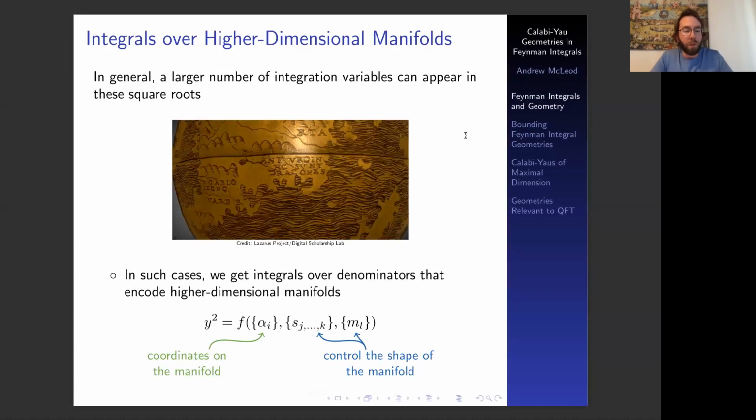And just like before, you can think of the remaining integration variables alpha I as being coordinates on this manifold, and then the kinematics, in the form of, for instance, Mandelstam invariants and internal masses, as controlling the shape of this manifold. So it's natural to then ask if these manifolds that appear can be arbitrarily complicated.